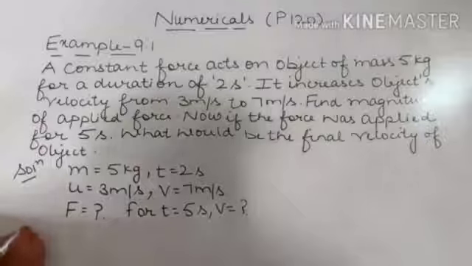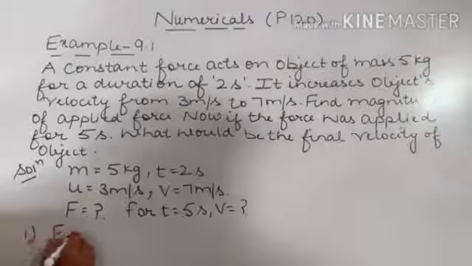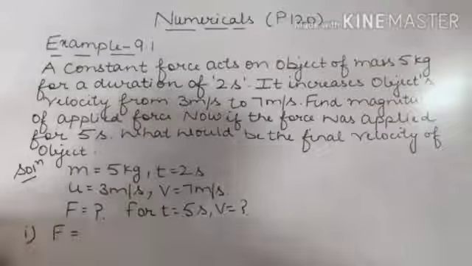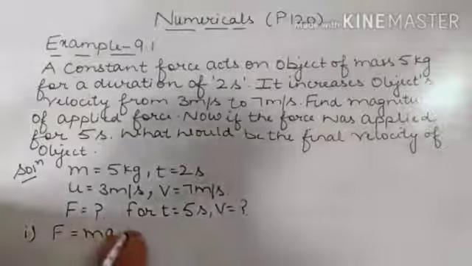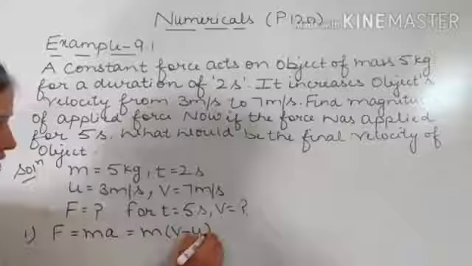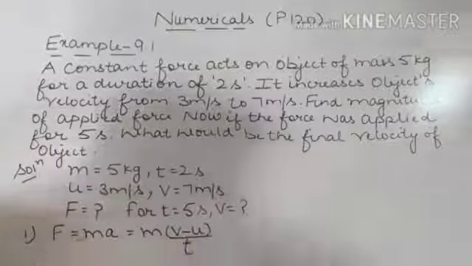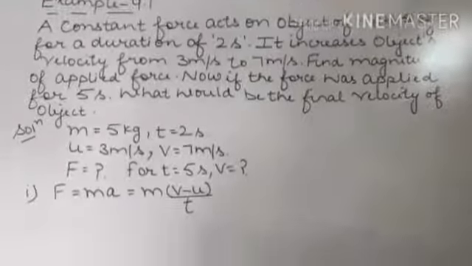See the first part. We have to calculate the force. F is equal to, according to Newton's second law, mass multiplied by acceleration. And we know that acceleration is change in velocity with respect to time. Here you can put the values.